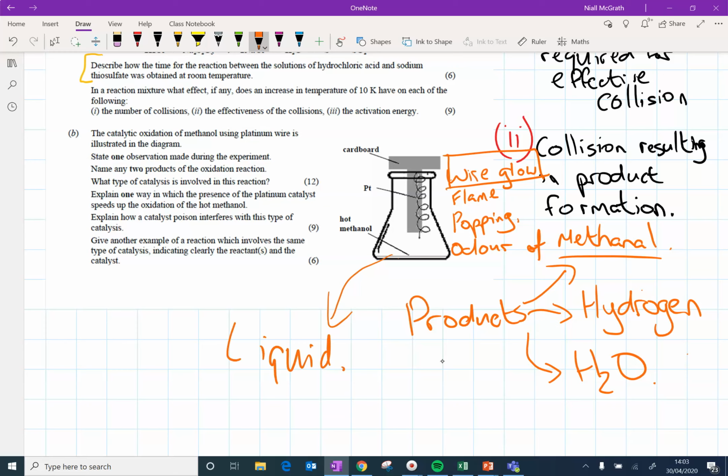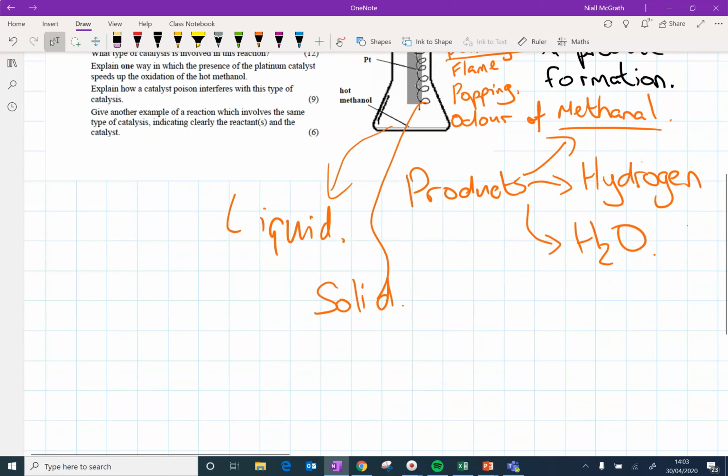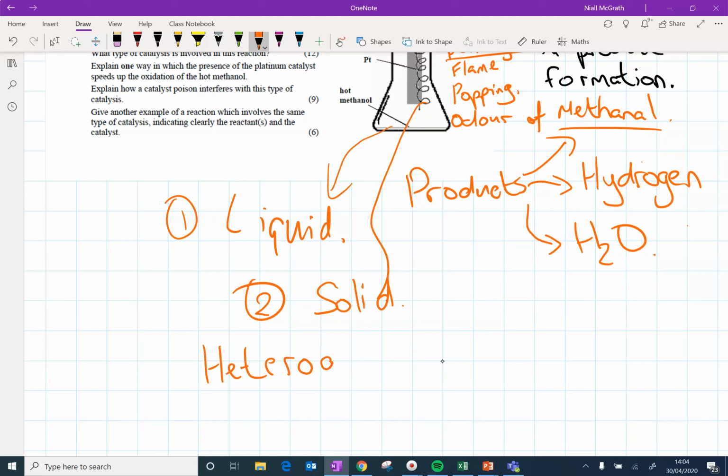Our catalyst is our platinum wire, and that's solid. So one is in liquid state, the other is in solid state. They're in two different states, or two different phases. So they're heterogeneous. It's a heterogeneous catalysis.